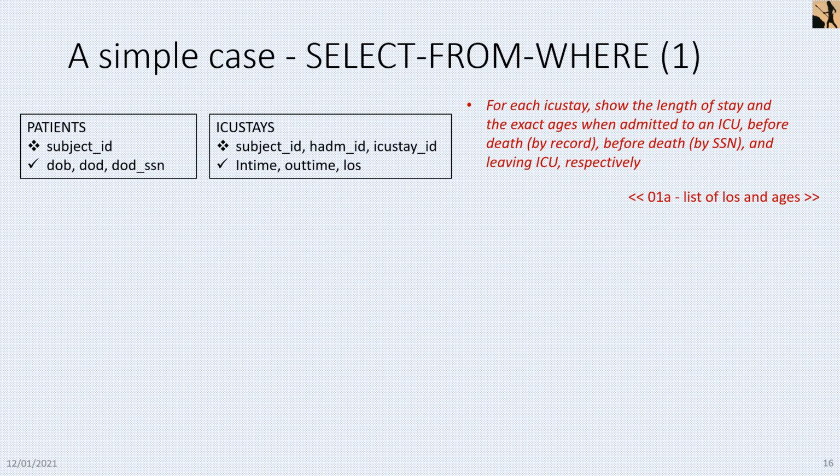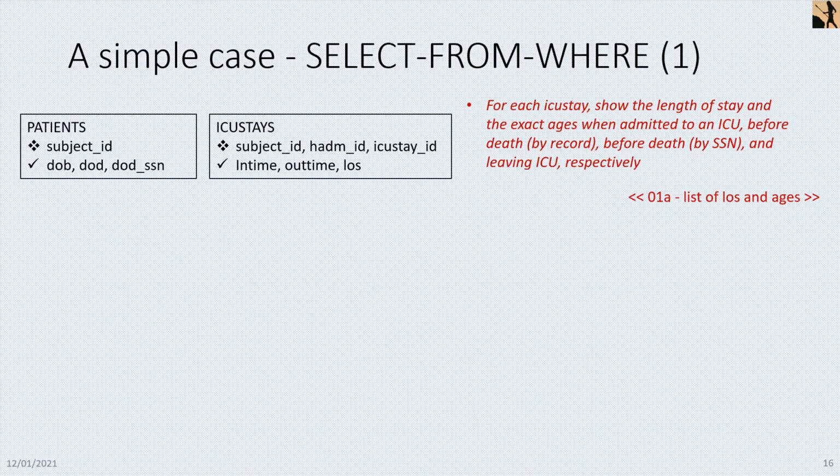Most of the information is in these two tables. For example, in the patient table, the key is the subject ID, and the attributes are like date of birth and date of death by the Social Security organization.